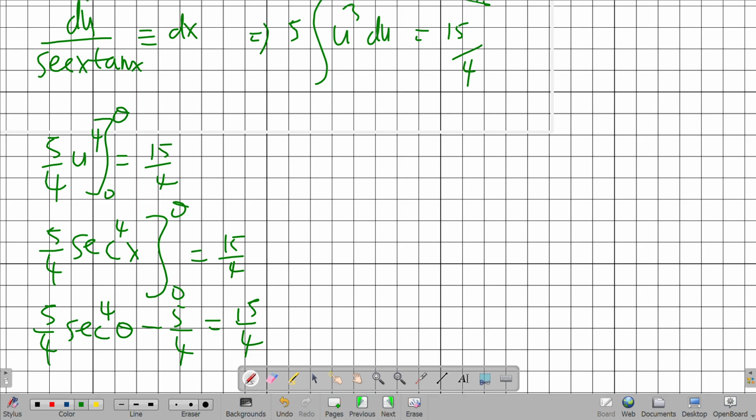So you've got an equation already that is looking very good to simplify. 5 over 4 sec to the power of 4 theta. If this goes there, it is 20 over 4. So we will eventually be left with sec to the power of 4 theta is equal to 4.